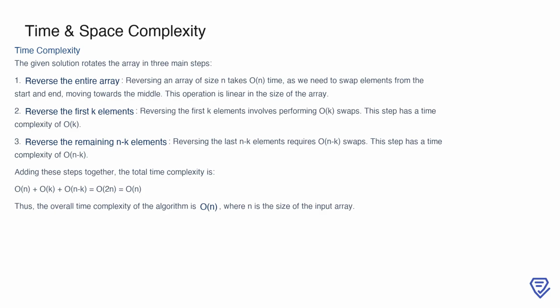Lastly, we reverse the remaining n-k elements, which requires n-k swaps and therefore has a time complexity of O(n-k). When we sum these up, the total time complexity is n plus k plus n-k, which simplifies to 2n, and ultimately to O(n). This means the overall time complexity of the algorithm is linear, or O(n), where n is the size of the input array.